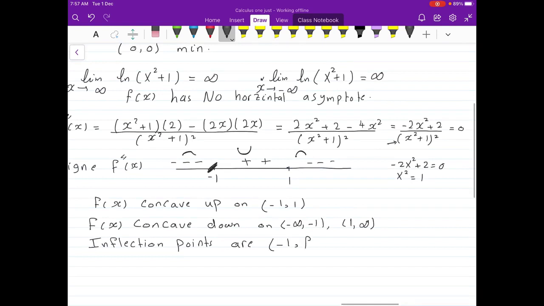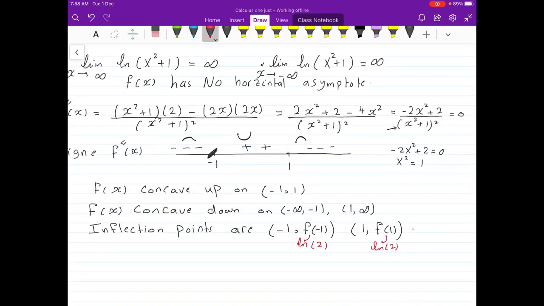What is the image for f of minus 1 and f of 1? To get f of minus 1 we substitute into the function ln of x squared plus 1, and we get ln 2. And f of 1 will also be ln 2.